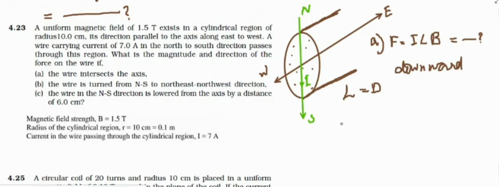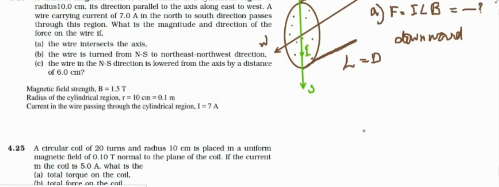And the next one, so what happens there? The wire is turned from north south to northeast northwest direction. So here again you can see the magnetic field, cylindrical region.